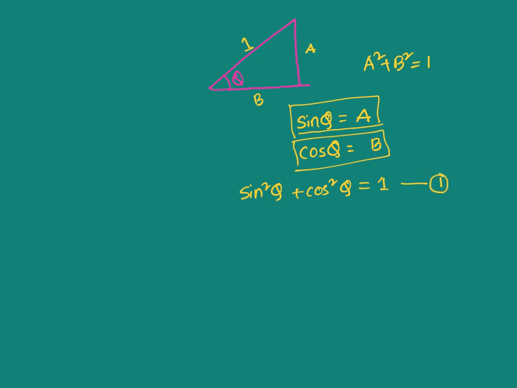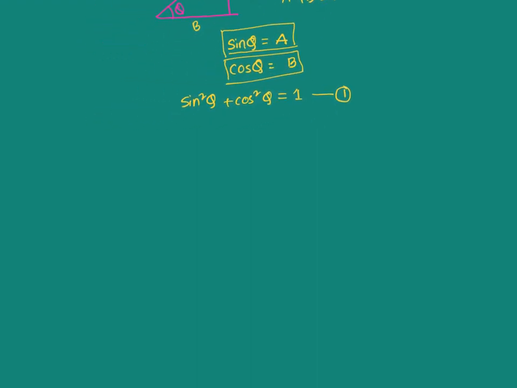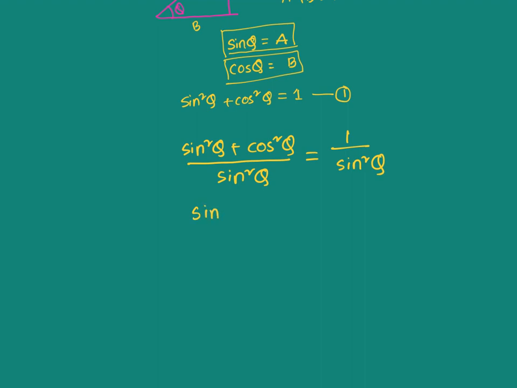Now we will do some manipulation with this expression, and we will try to figure out some other identities. So let's say we are dividing this whole expression, expression 1, by sine squared theta. We would get sine squared theta plus cos squared theta divided by sine squared theta is equal to 1 by sine squared theta. Now this is equivalent to sine squared theta by sine squared theta plus cos squared theta by sine squared theta equals 1 by sine squared theta.